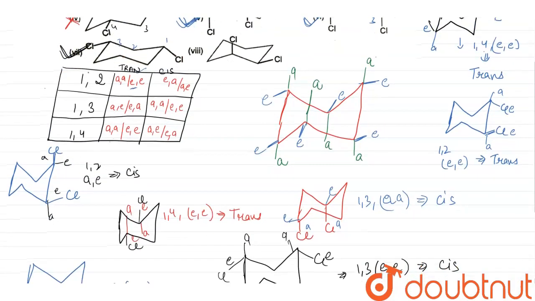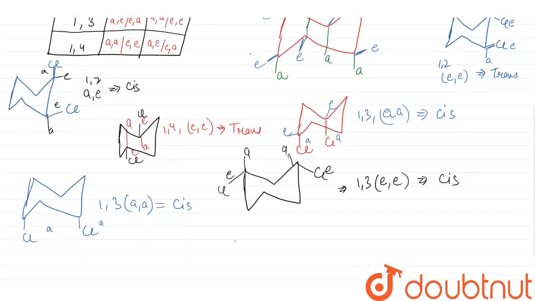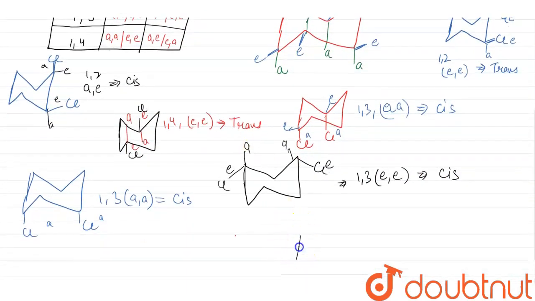Now coming to the last part, this is 1-2 disubstituted. We have it over here, one this and one this.